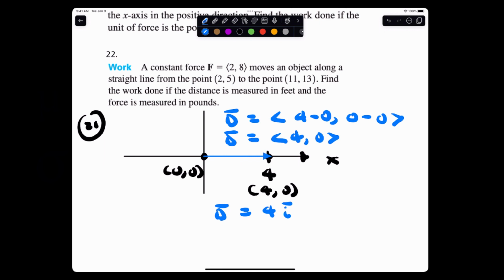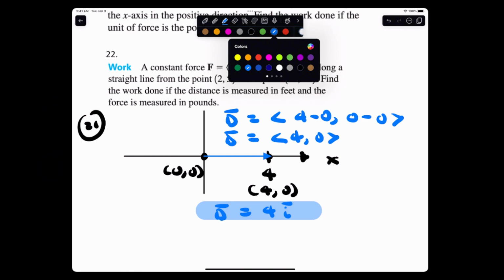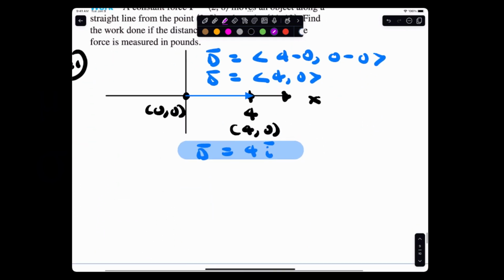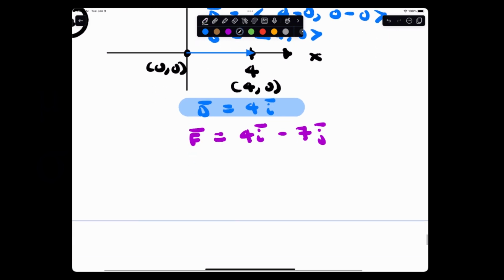4i. Force vector, 4i minus 7j. So what's the work going to be?